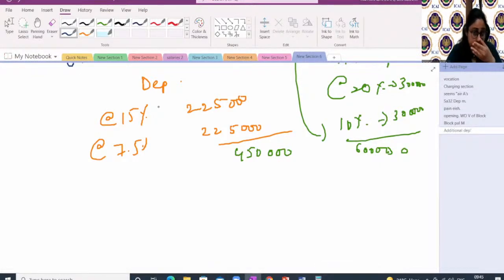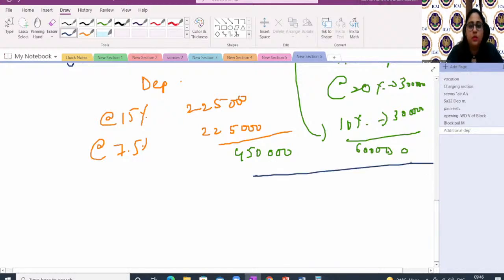So my closing WDV would be 45 lakhs minus 10 lakh 50,000 of depreciation, which is 34 lakh 50,000. Now come to the previous year 2022-23. I have no other addition. Now what would be the depreciation?